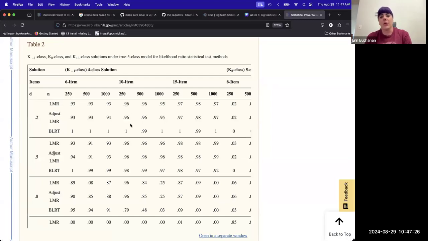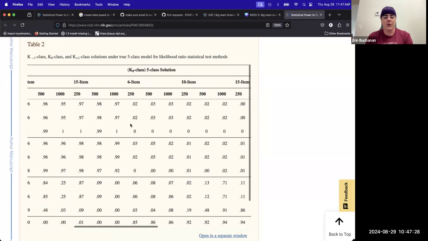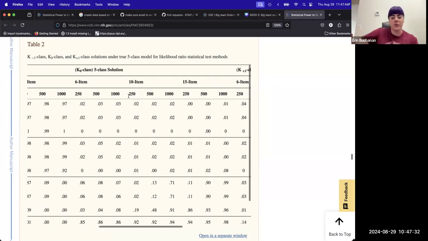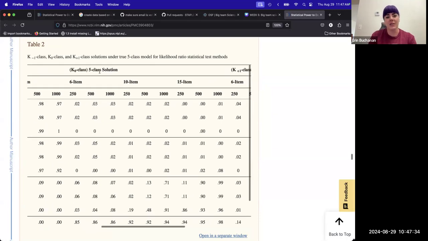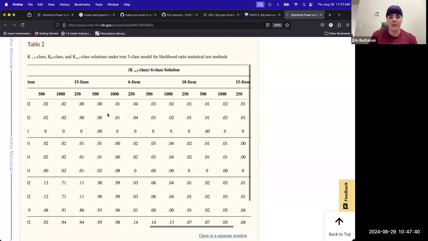Cool. So, you know, what you see happen as you move this way on the scale is, as the number of classes increases, power decreases fairly substantially.